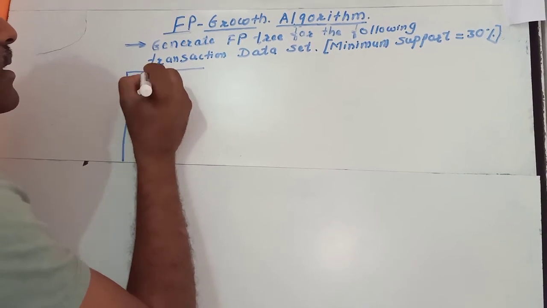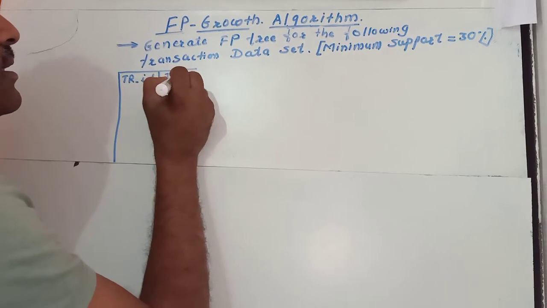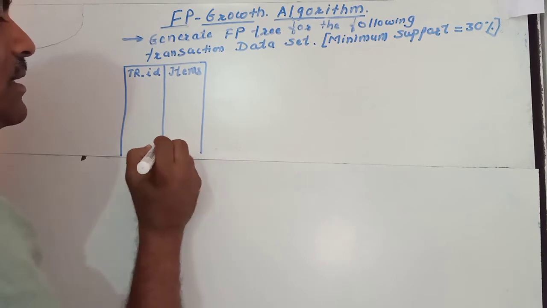The transaction data set contains two attributes. One is the transaction ID and second is the items present in that respective transaction ID.